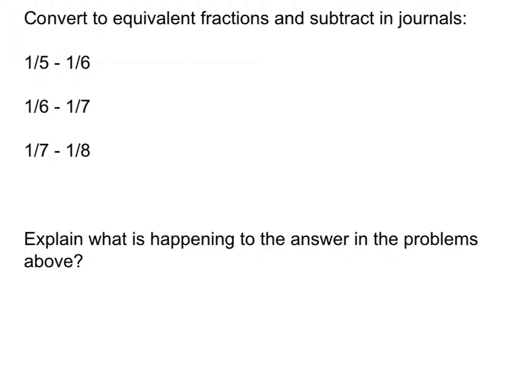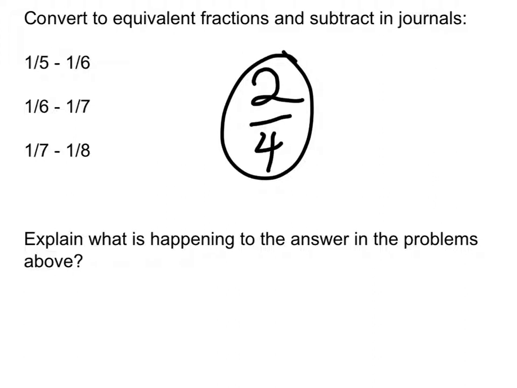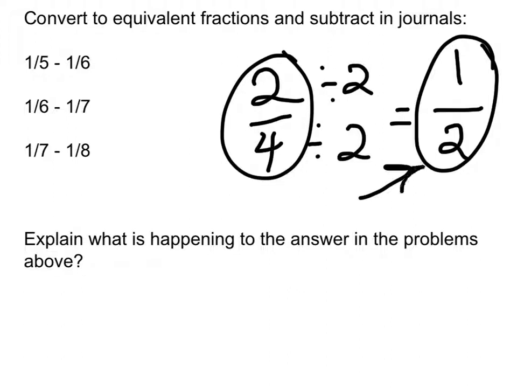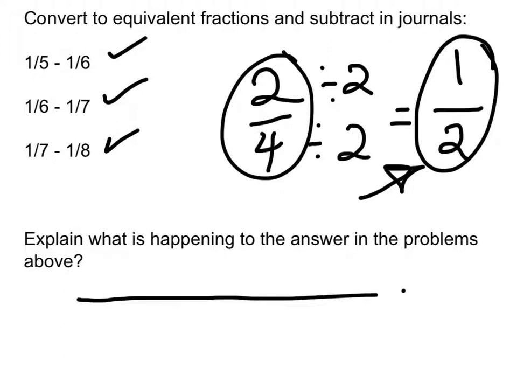What does that mean? So if I had a solution of 2/4, well, that unit can go smaller. I can divide by 2, top and bottom, and get a solution of 1/2 as our reduced smallest unit solution. But that will be another lesson. I want you to also explain, if you have some time, what is happening to the answer in the problems above. Is there a pattern you notice with the solutions? Go ahead and write it out in your journal.